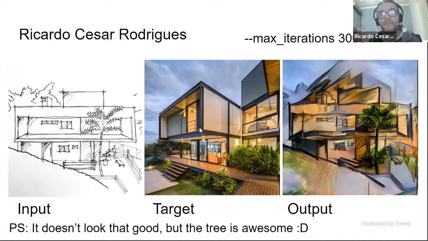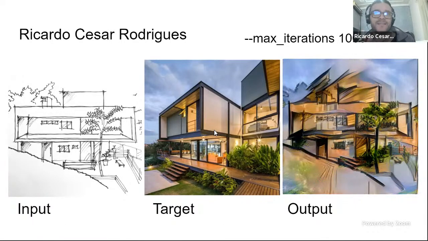And here I have more iterations, and here we have fewer iterations, and the results don't get much better. But as Daniel said, in the previous experiment we had a little bit more detail, and in this one not so much. And I think this is the last one, I guess.